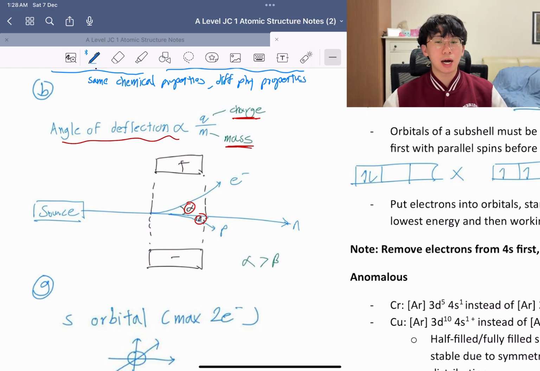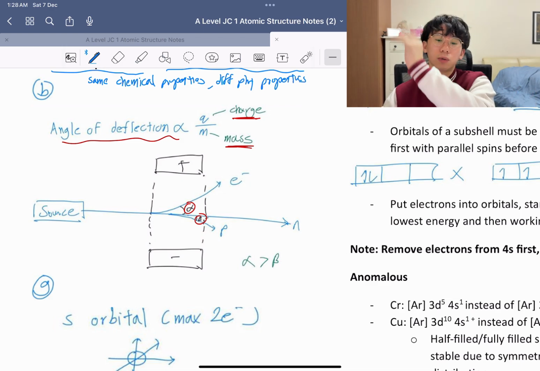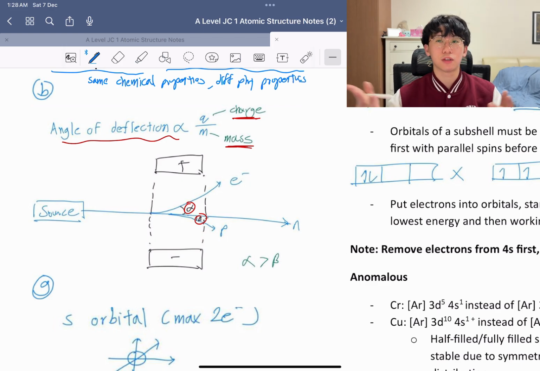So if you have a higher charge, you have a higher angle of deflection, so you would deflect sharply towards the source of the charge. And if your charge is lesser, you'll deflect lesser. Well, this makes sense because you can think of it like a magnetic force, and if your charge is small, your magnetic strength is kind of too small.